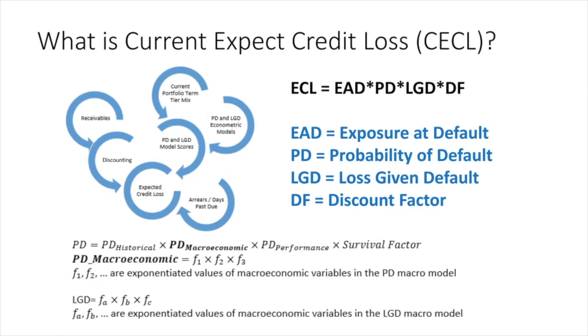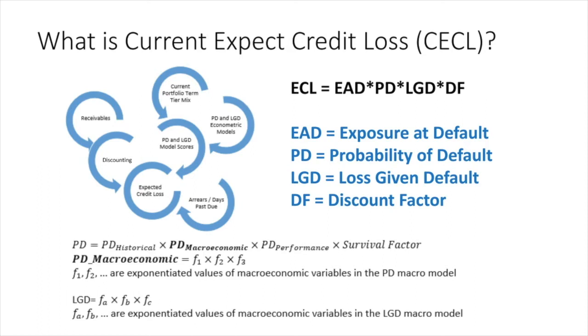The probability of default can further be broken down into its component factors, which are the probability of default historical, the probability of default macroeconomic, the probability of default with a performance adjustment, and a survival factor that takes into account the number of contracts that are currently existing in our portfolio.